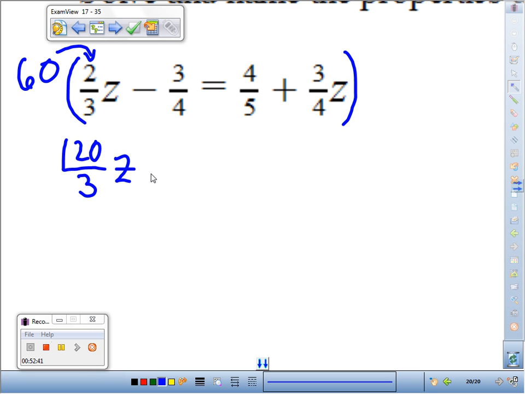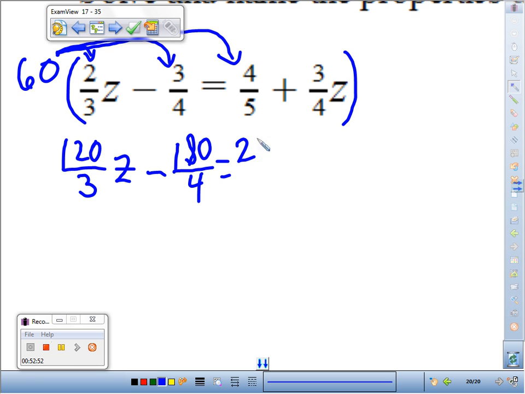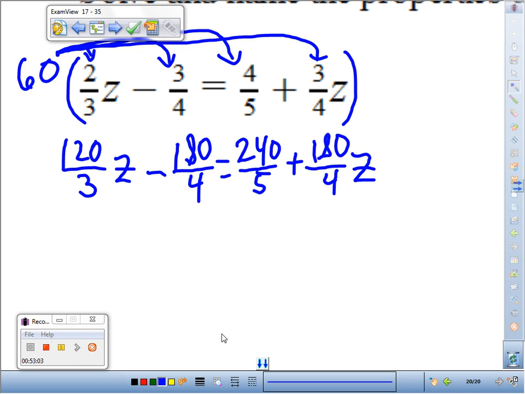That's Z. Minus 60 times 3, that's 180 divided by 4 equals 60 times 4, that's 240 divided by 5 plus 60 times 3, that's 180 divided by 4, and that's Z. Okay, let's simplify this. 120 divided by 3, that's 40Z minus 180 divided by 4, that's 45 equals 240 divided by 5, that's 48.